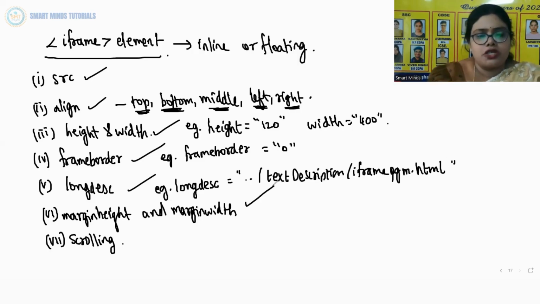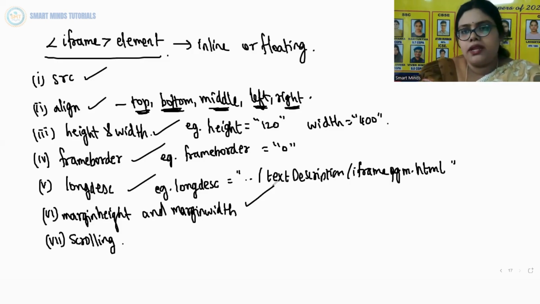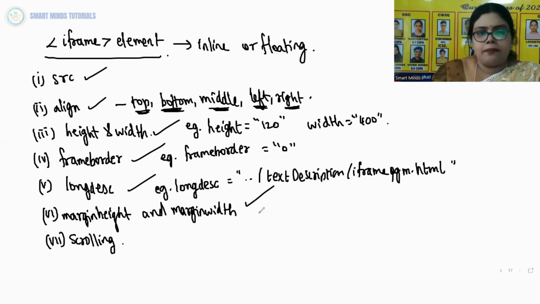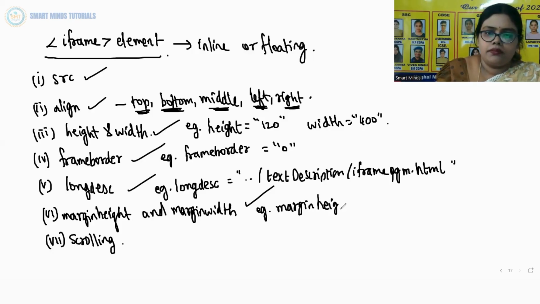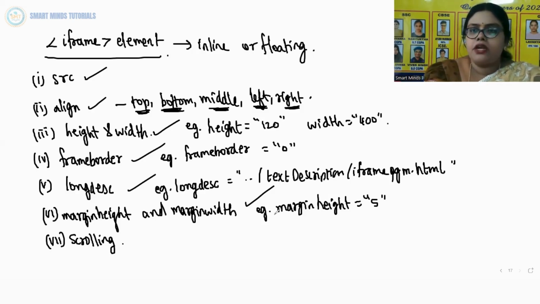Next, moving on to marginheight and marginwidth. Marginheight sets top and bottom margins around the iframe content, and it is used to provide the distance between the border and content of the frame in terms of pixels. For example, marginheight equals 5. And then the marginwidth attribute sets left and right margins around the iframe content and provides the distance between the border and content of the frame in terms of pixels.